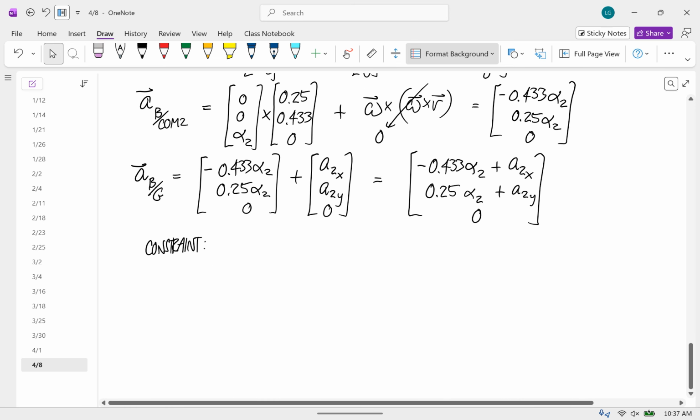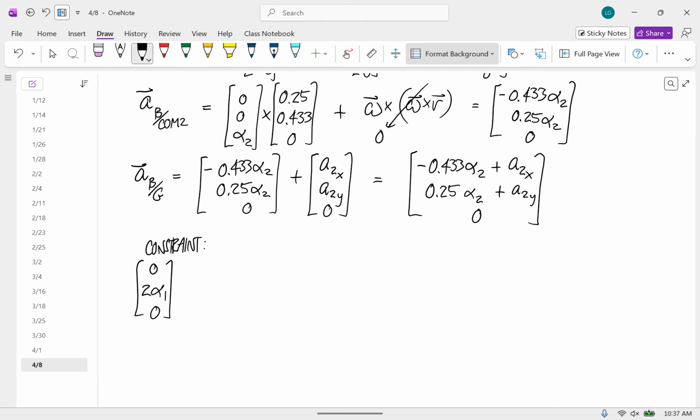So 0, 2 alpha 1, 0 is equal to negative 0.433 alpha 2 plus a2x, 0.25 alpha 2 plus a2y, 0. One of these equations says 0 equals 0. That's a good reminder if you forget what 0 is equal to, but it doesn't help solve any systems of equations.